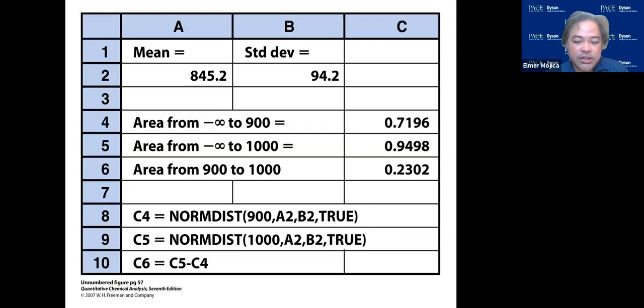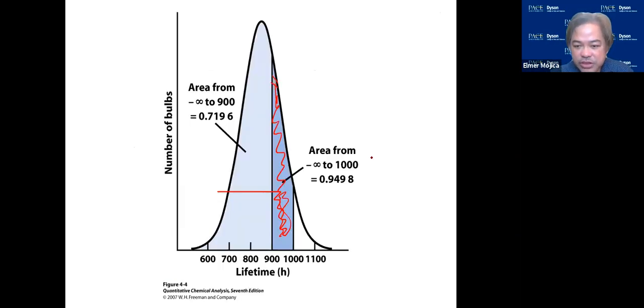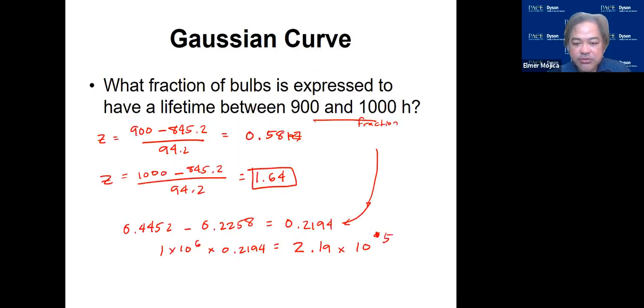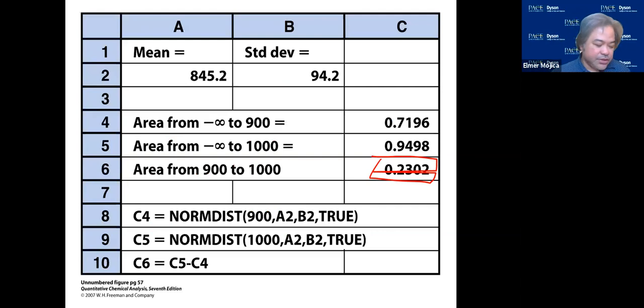So if you want the real one, you can try to do it. So you could see it's really 23%. So what we have here is only 22%. So this is the way to check if you get it correctly. Okay, so I would suggest do it.